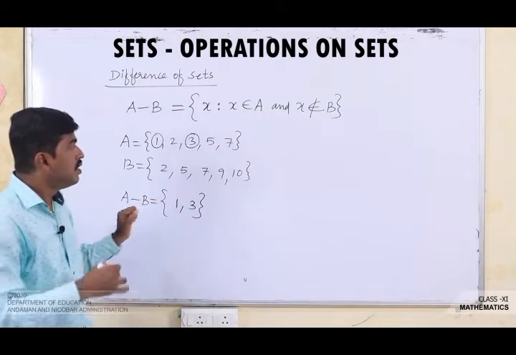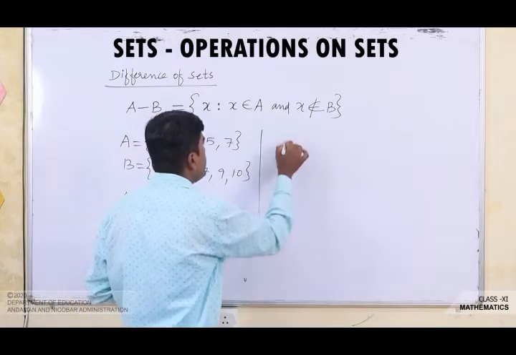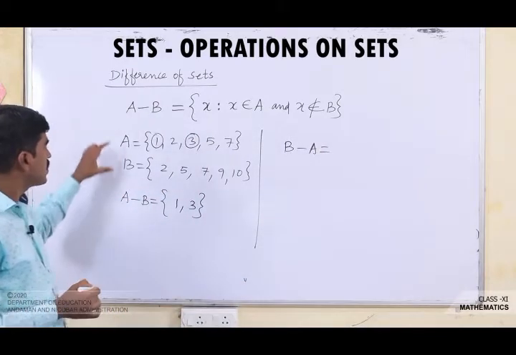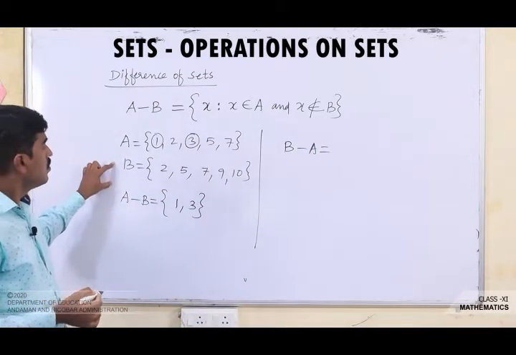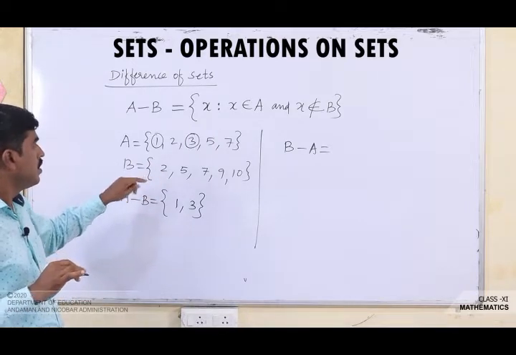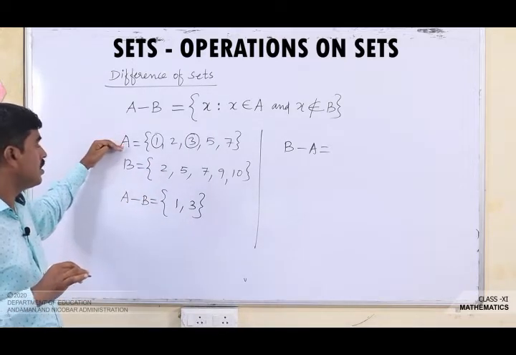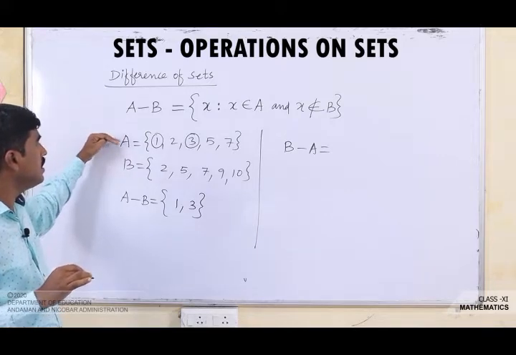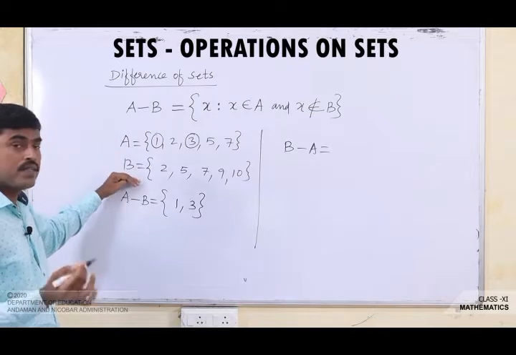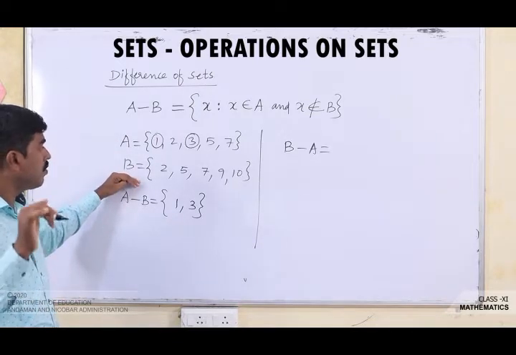Is it clear? If it is B minus A, then how will you find B minus A for the same sets? Here we have to write the elements of B only, which do not belong to A. That means we should not write any element of A, just write the elements which belong to B only.